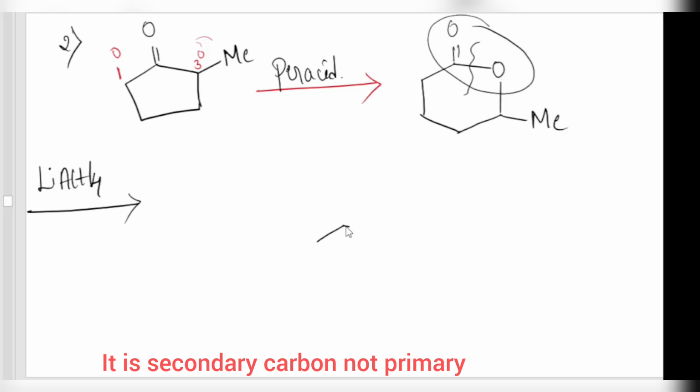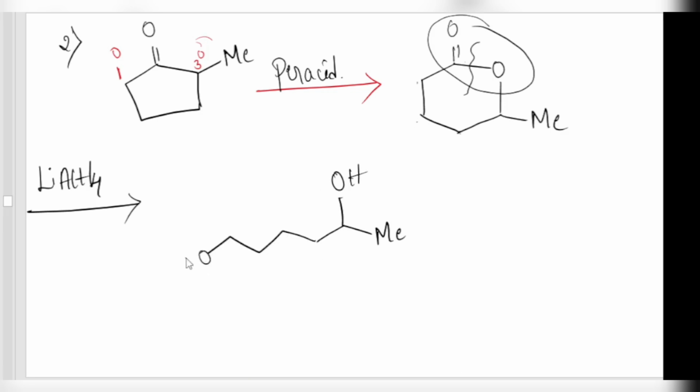Now I will write it: the methyl group is there, and this group I am writing over here, OH. 1, 2, 3, 4, and then OH. This is the product.